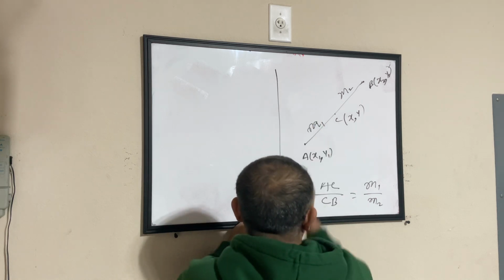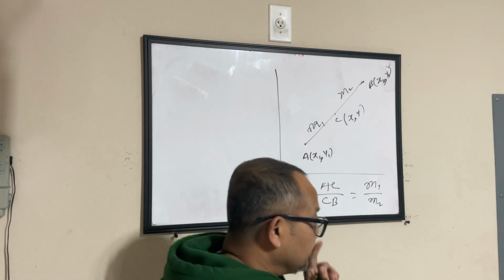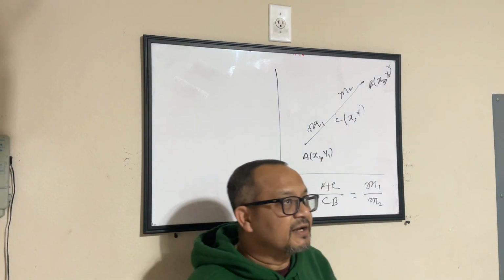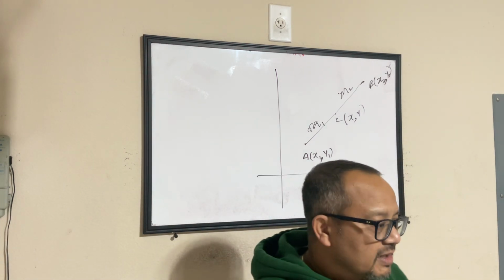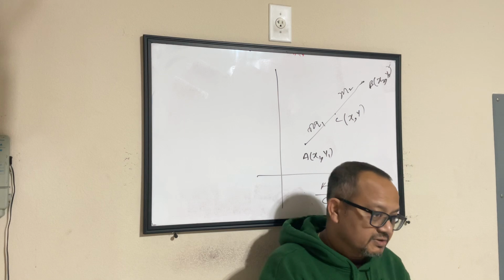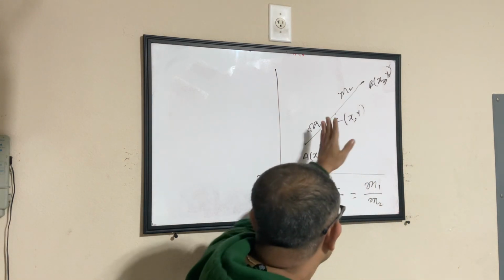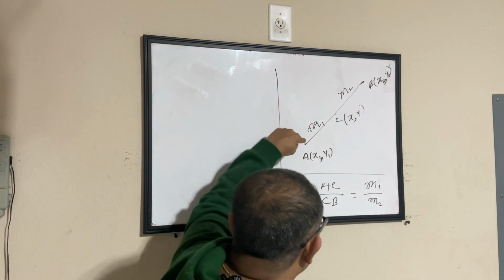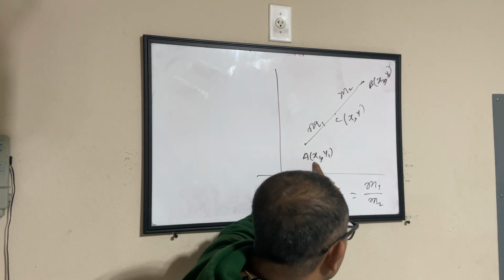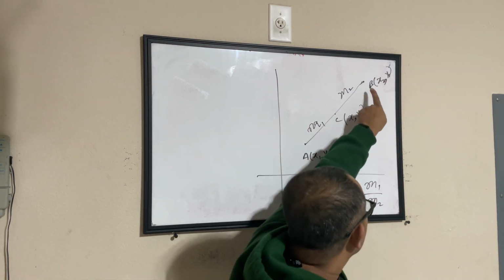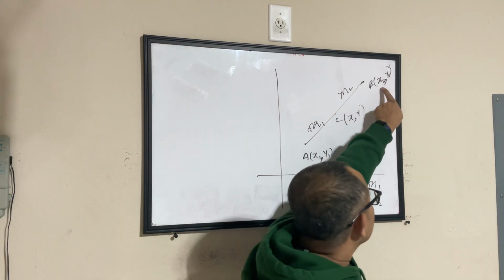So this is my coordinate plane. We are going with the understanding that when we have similar triangles, their sides are in the same proportion. Now let's come to this point. We have a point A with x and y coordinates x1, y1, and point B with coordinates x2, y2.